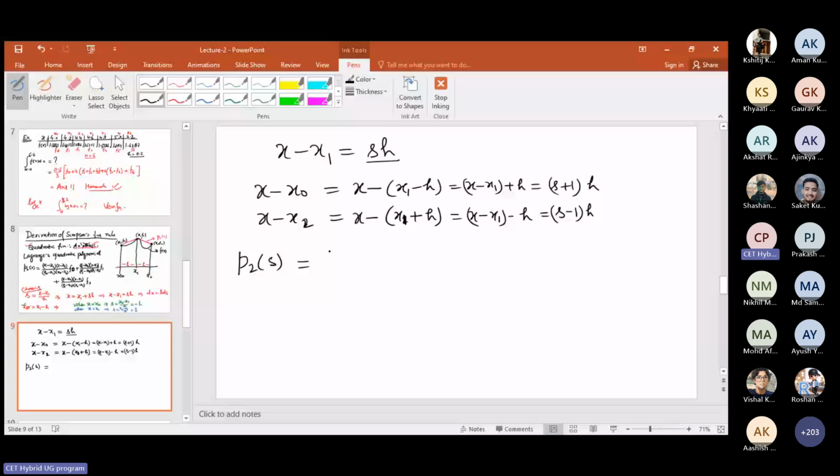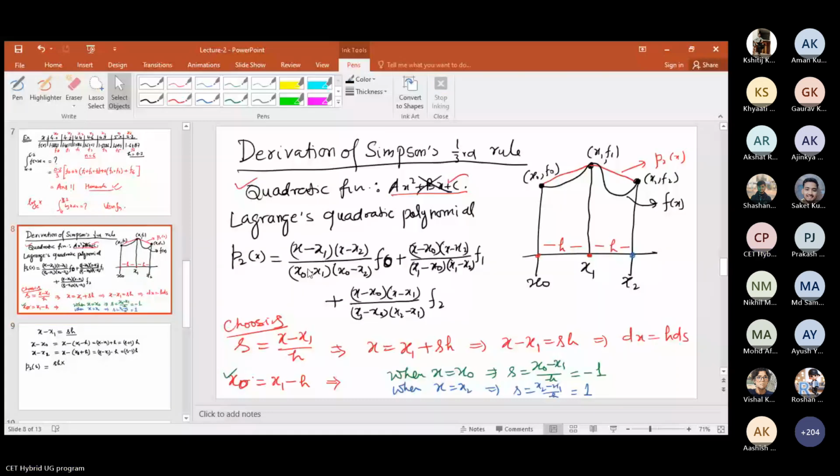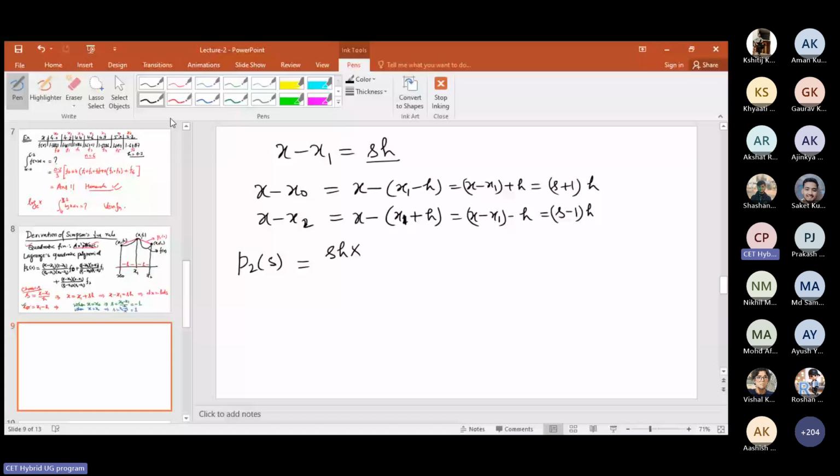What is x minus x1? sh, multiplied by the second term, x minus x2. I'm not sure if you are able to see this one. Let me show you once again. x minus x1, x minus x2 divided by x0 minus x1, x0 minus x2. x minus x1 is sh, x minus x2 is s minus 1 h, divided by x0 minus x1.